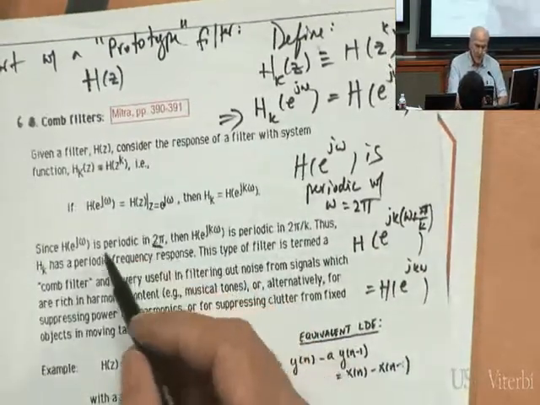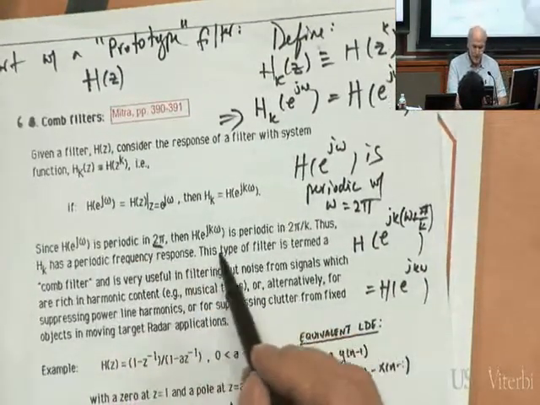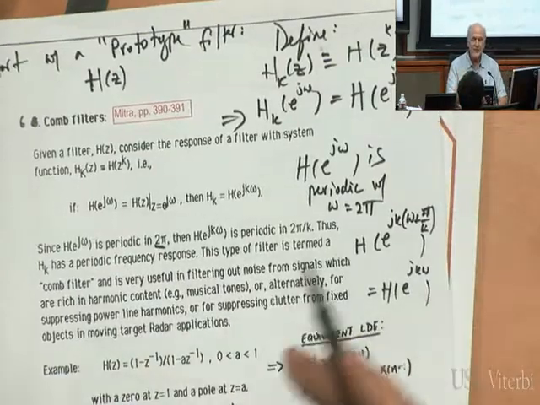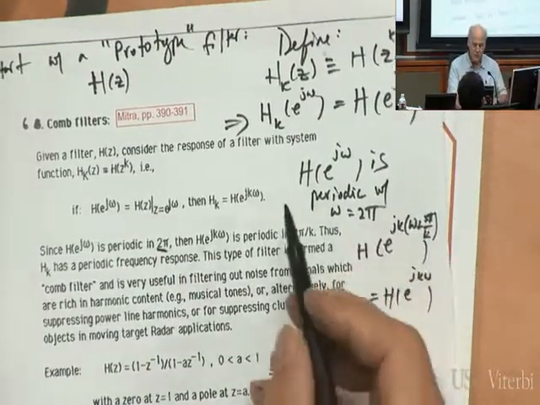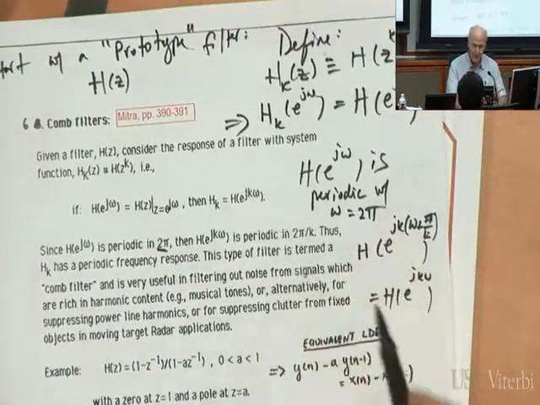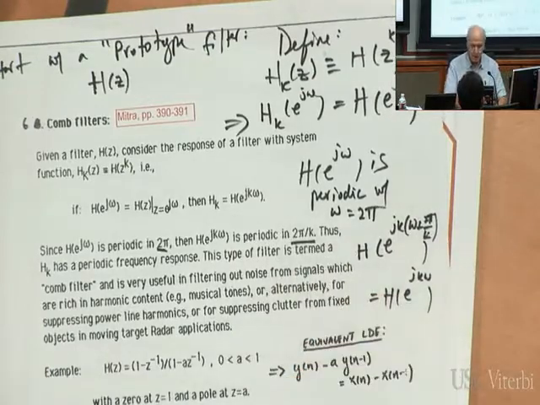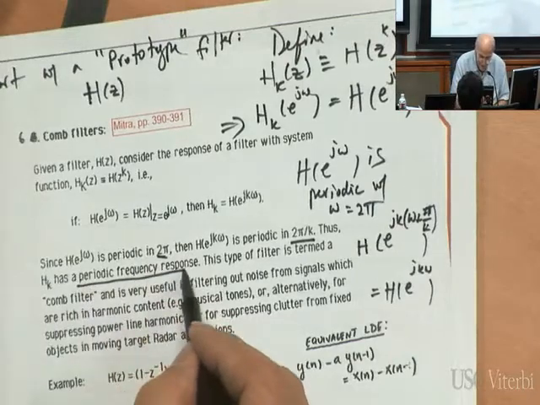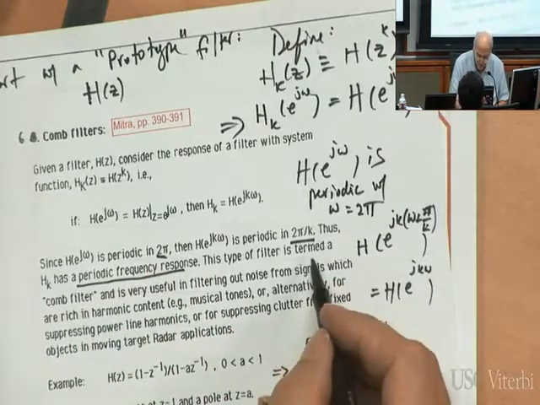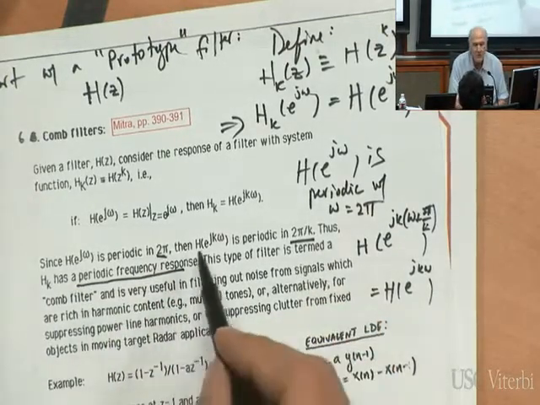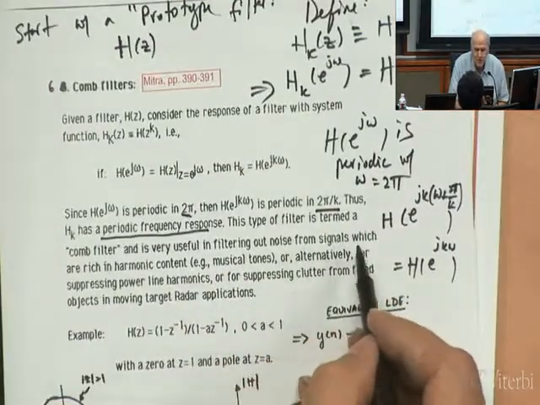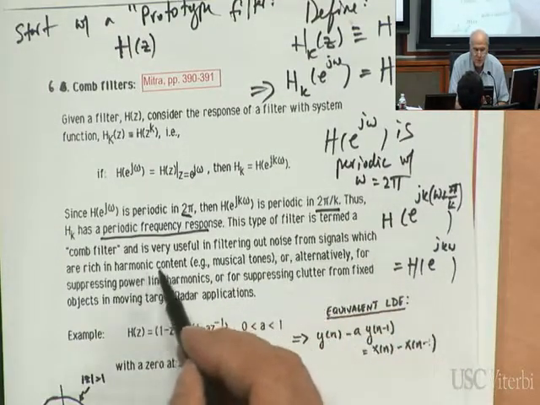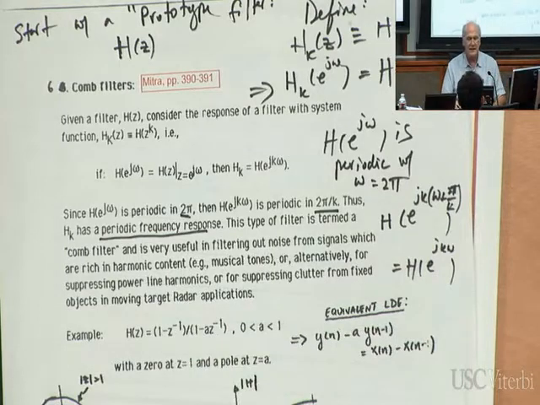So if h of e to the j omega is periodic in 2 pi, then h sub k of e to the j omega, which is h of e to the j k omega, has got to be periodic in 2 pi over k. Thus, h sub k has a periodic frequency response. This type of filter is termed a comb filter and is very useful in filtering out noise from signals which are rich in harmonic content.